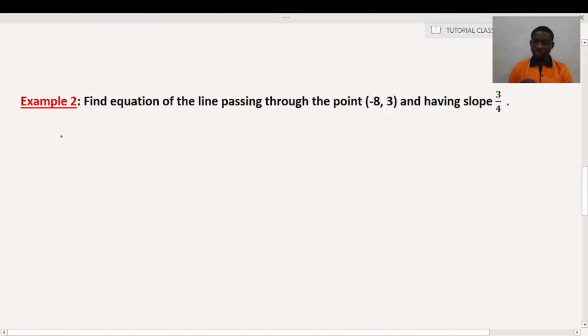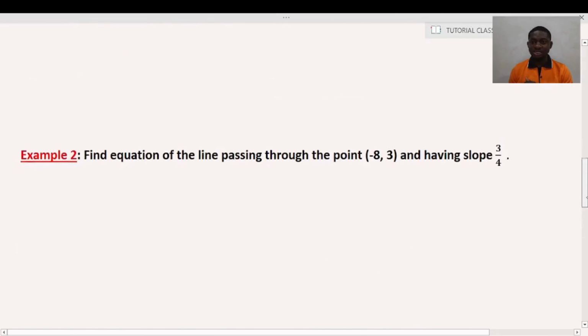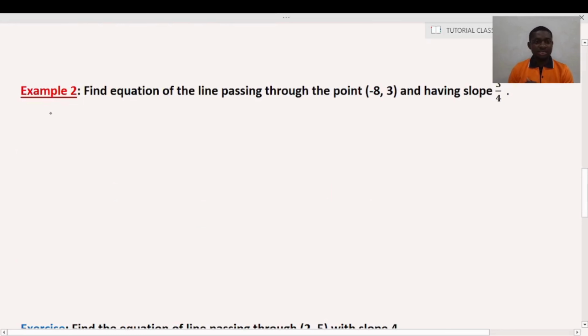So let's first take notes. In this question, we are given that the slope, which is the gradient, is m equals 3 over 4. And the point given to us has the coordinates (-8, 3).